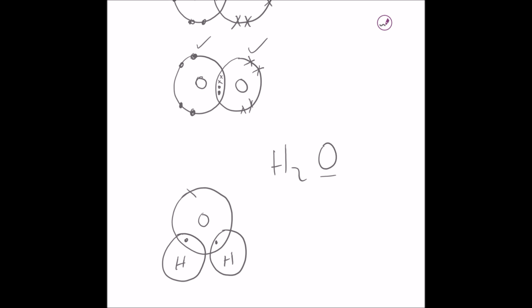The oxygen is sharing 2 electrons, 1 with each hydrogen. If we count around the oxygen, we should find 8: 1, 2, 3, 4, 5, 6, 7, 8. And both hydrogens should have a full outer shell of 2, so we count around: 1, 2, and 1, 2. Okay, so that's how you draw a dot cross diagram for simple covalent molecules.